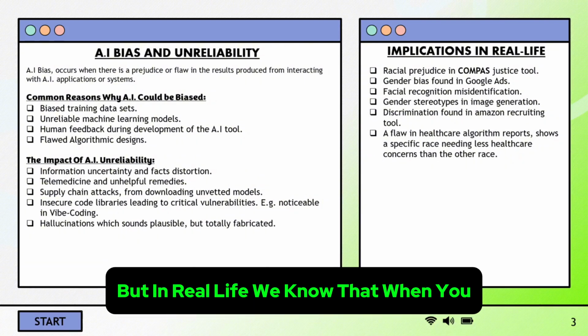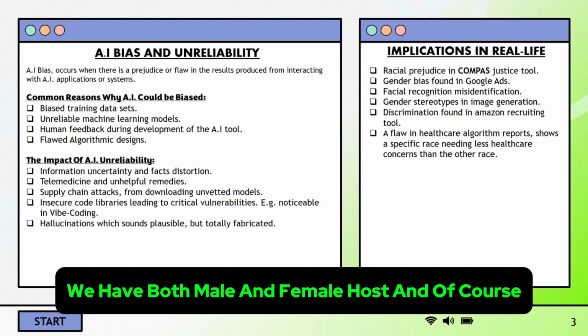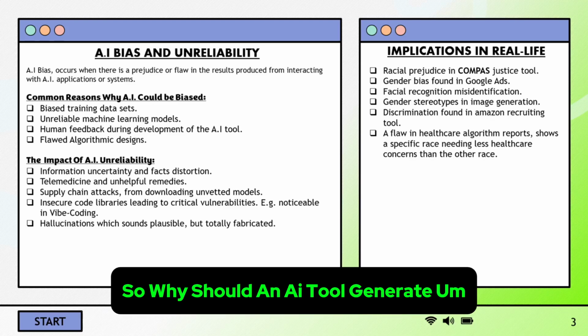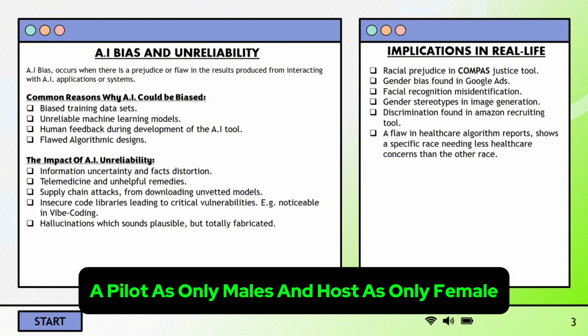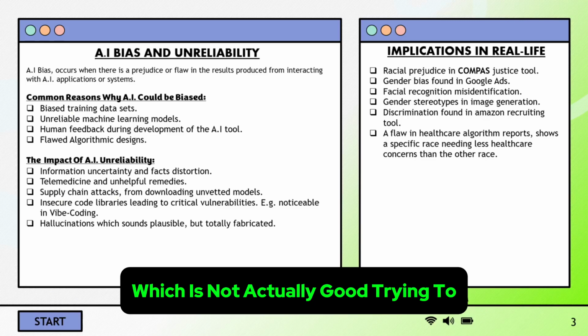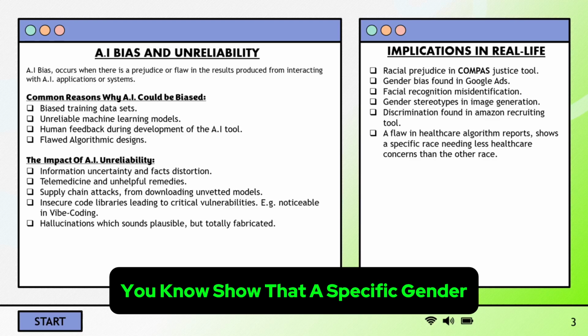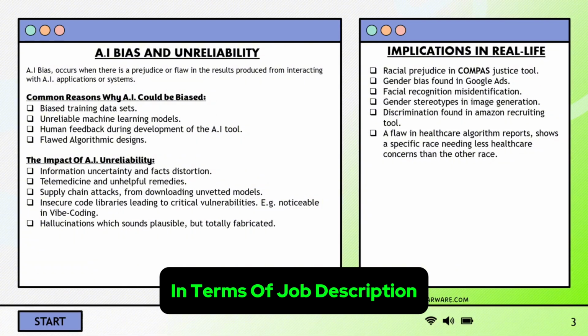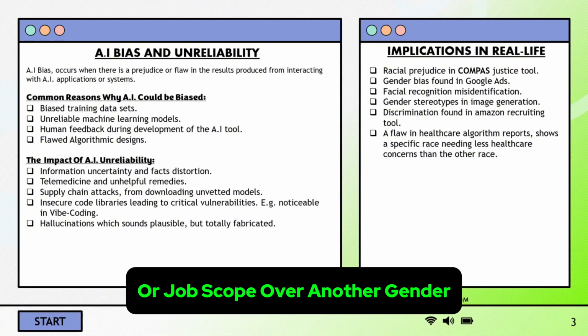But in real life, we know that when you fly an airline, we have both male and female hosts. And of course, pilots also include male and female pilots. So why should an AI tool generate a pilot as only male and a host as only female? Definitely that's some sort of gender stereotype, which is not actually good, trying to show that a specific gender has some preferential treatment in terms of job description or job scope over another gender.